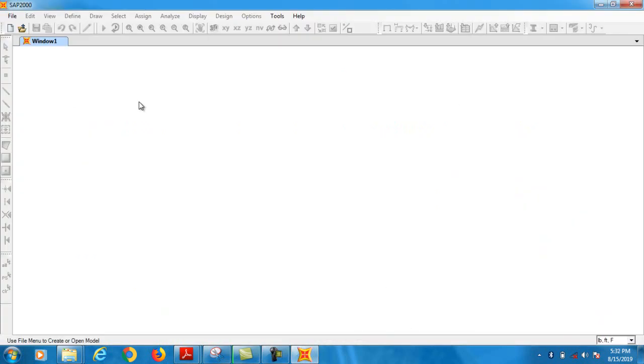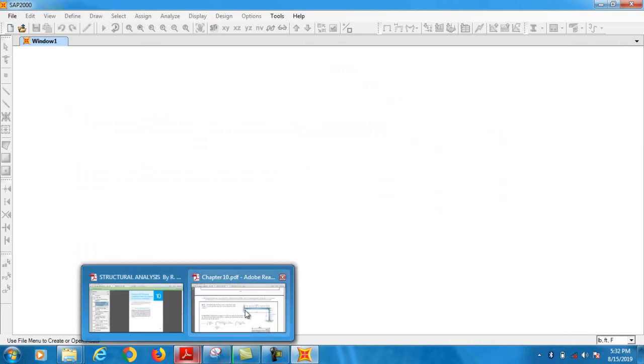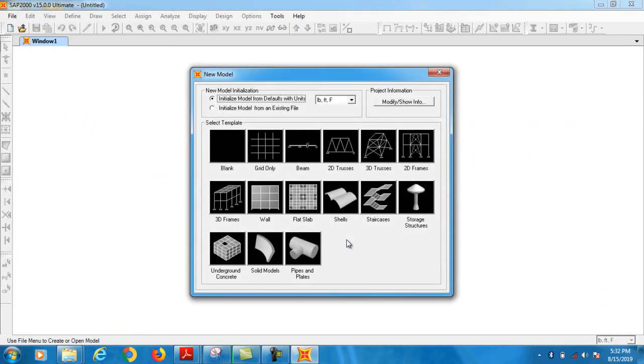So my SAP is open. Make sure your units are in kip-feet. New template, let's say I will use this one.